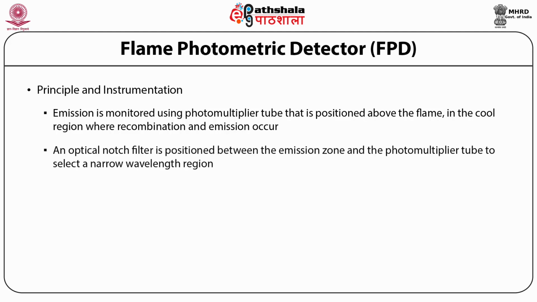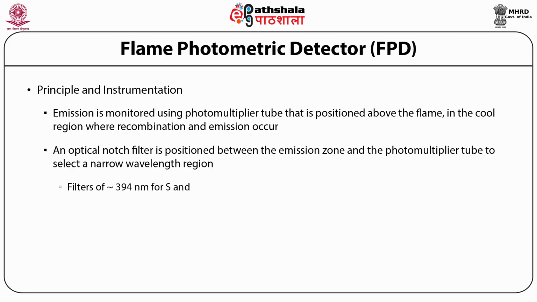An optical notch filter is positioned between the emission zone and the photomultiplier tube to select a narrow wavelength region corresponding to where the sulfur or phosphorus emission is highest relative to background, usually being carbon emission.